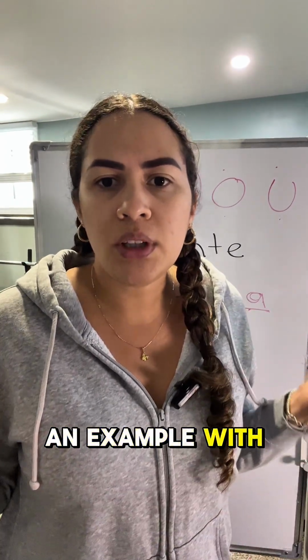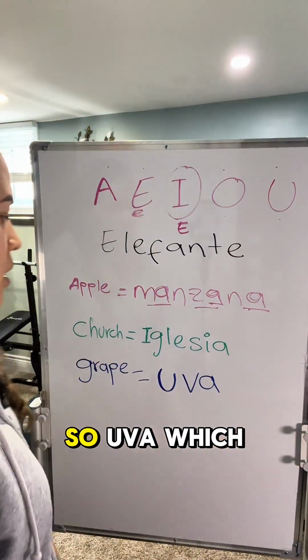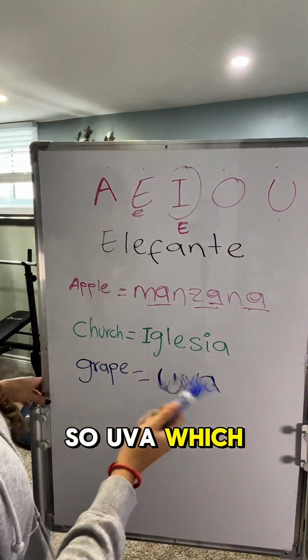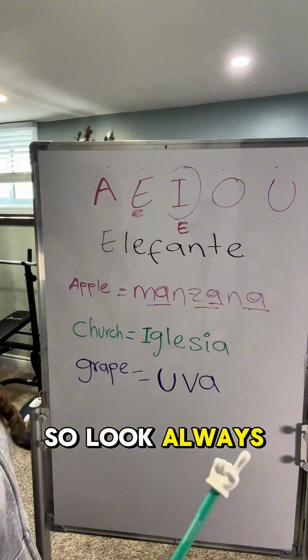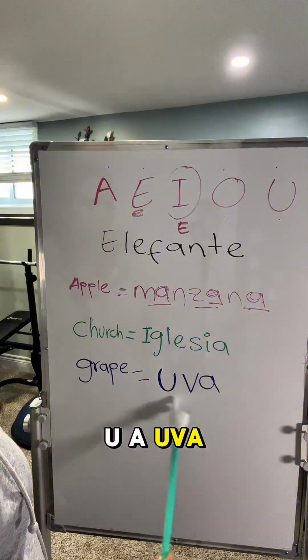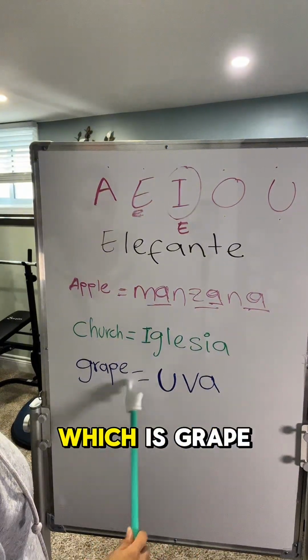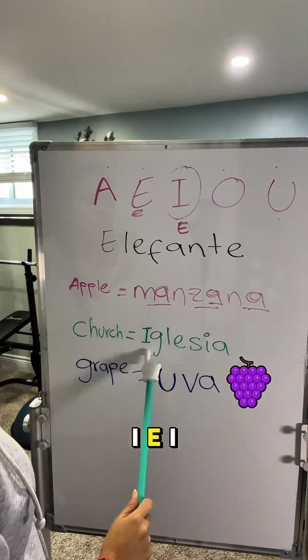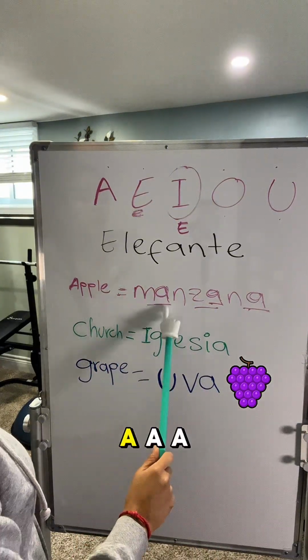An example with U in Spanish. So, uva, which is grape. So, look, always sound the same. U, A, uva, which is grape. I, E, I, A, iglesia, church.